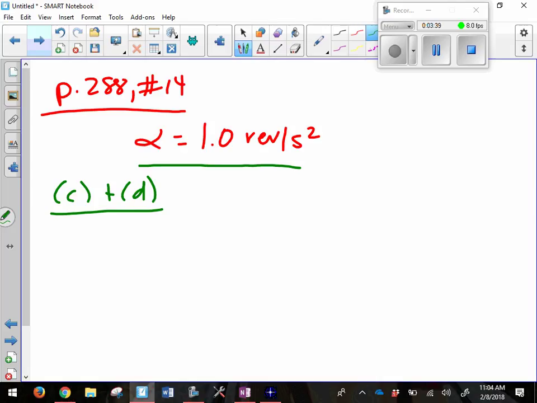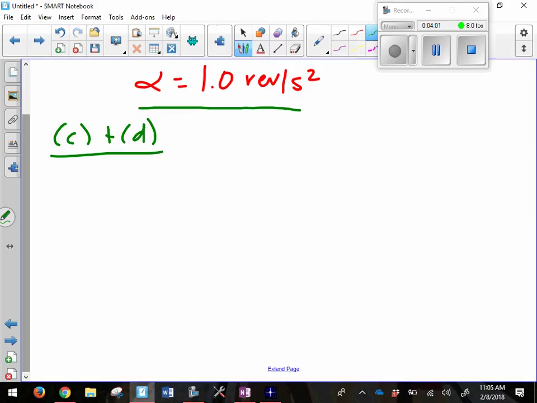Okay, so we're looking at a different part of the wheel turning now. We're looking at the wheel starting at rest and speeding up to 10 revolutions per second, and we want to know how long that took, and we want to know how many revolutions it went through to get there. So we need to change our list of knowns again.